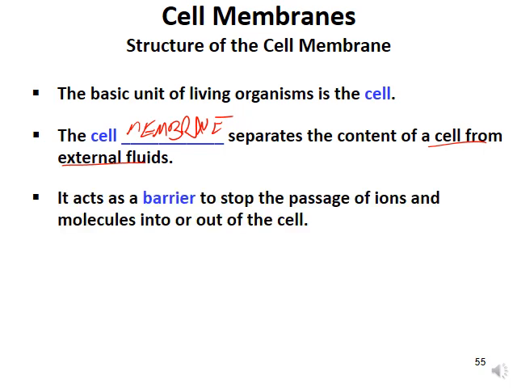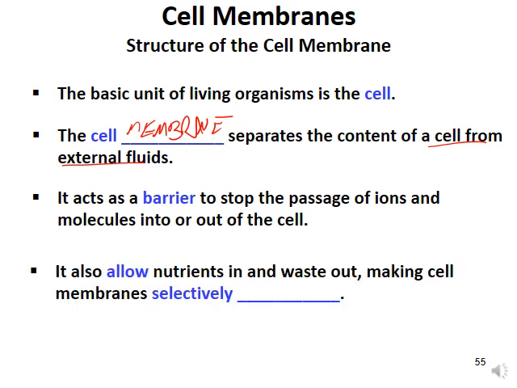It acts as a barrier to stop the passage of stuff into or out of the cell. So you want to make the environment different inside and outside the cell, and you need a cell membrane to do that. But you need stuff to go into the cell sometimes. It allows nutrients in and waste out, making the membranes selectively permeable.